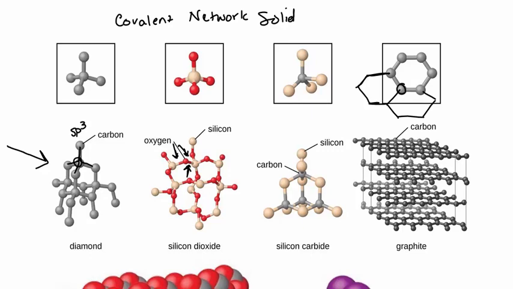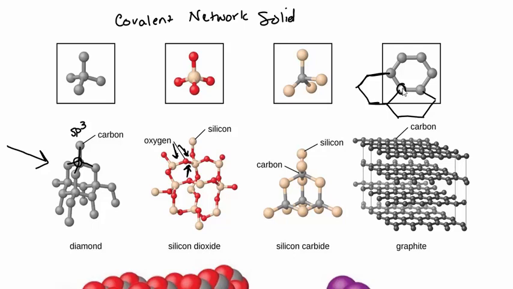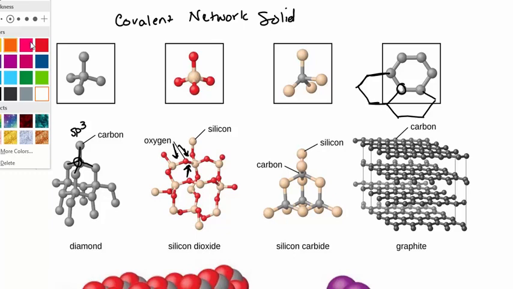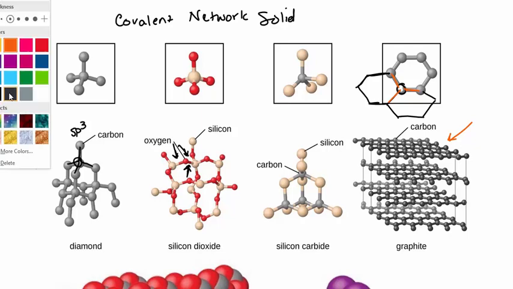I can tell the way that these sheets are lined up that this is a trigonal planar structure. What it's not showing me is that there is a double bond in there somewhere. So this is sp2 hybridized. And the difference in hybridization actually gives us very different properties for these allotropes of carbon.